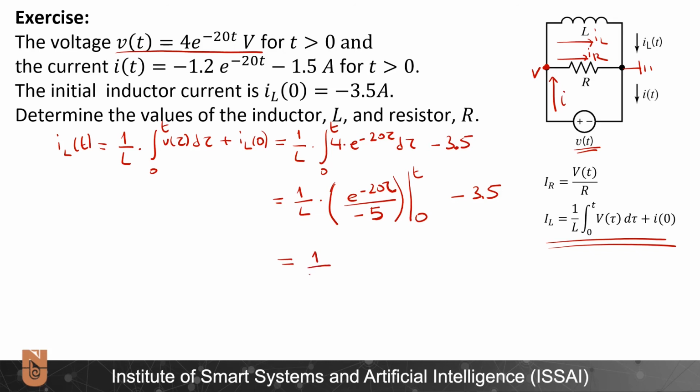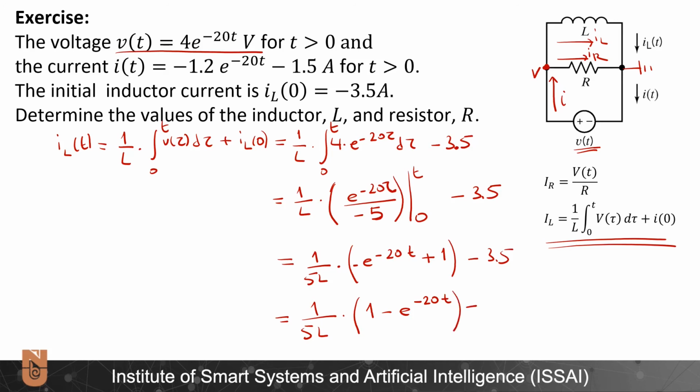I will write 1 over 5L times e to the minus 20t with a minus sign, minus plus 1, minus 3.5. Let's try to write this in a neat way. Actually, it's already in a very nice form. I will write 1 over 5L times 1 minus e to the minus 20t, minus 3.5. Here I found my expression for IL as a function of t and also as a function of L.